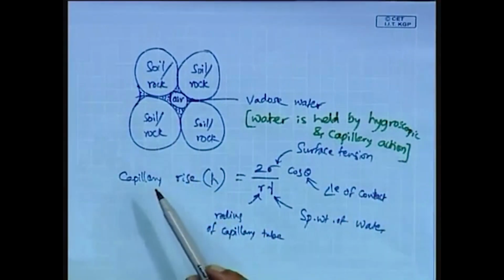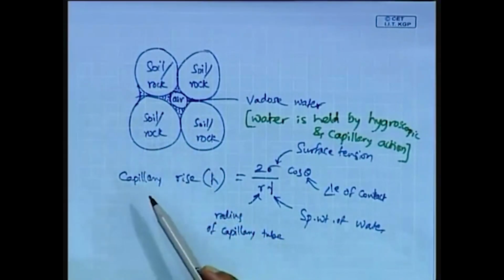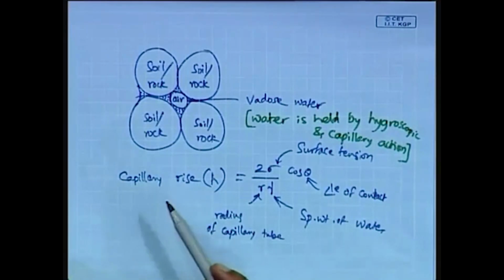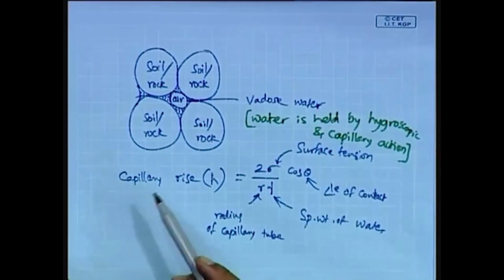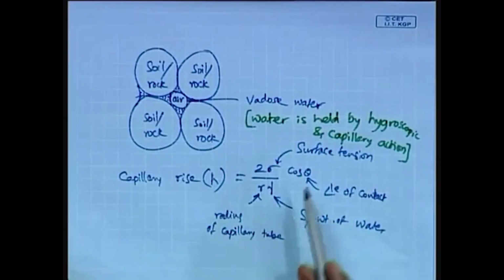So, here, because of the attraction between the soil or the rock particles as well as the water, the water which is not moving is held by these two actions.